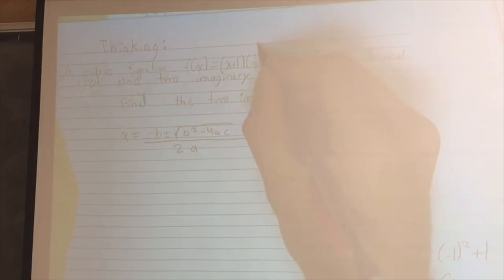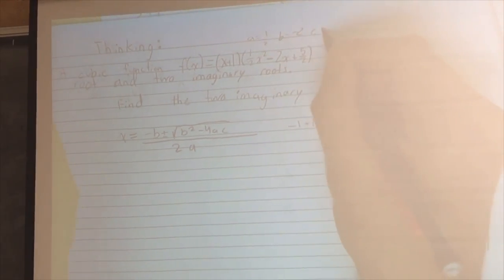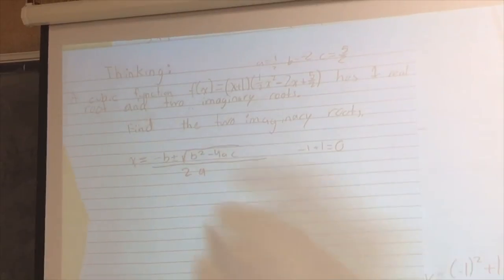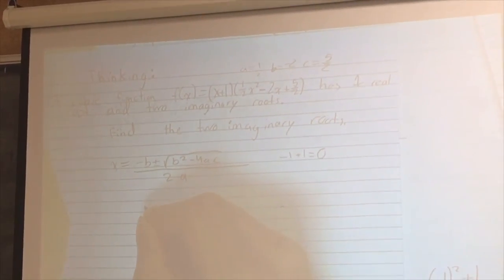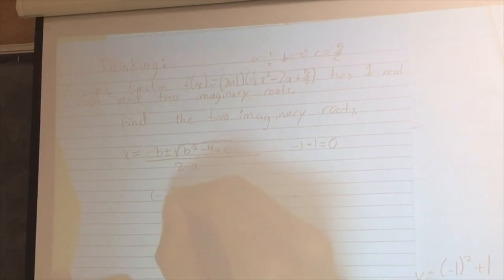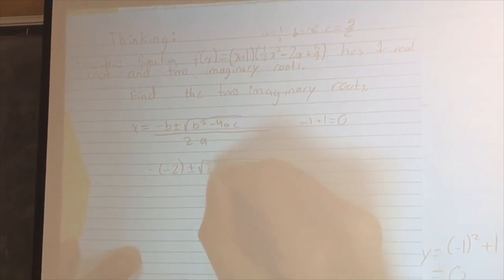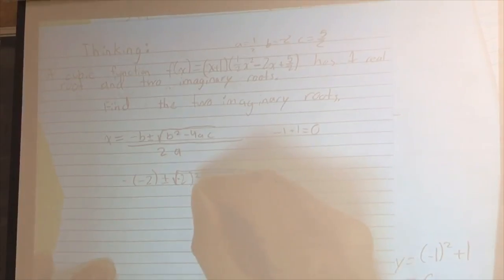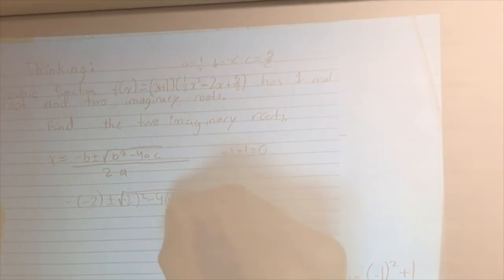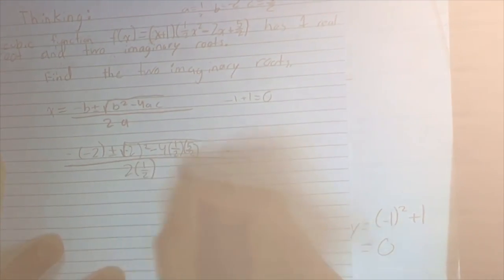So our a is 1/2. Our b is negative 2, and our c value is 5 over 2. So we plug those in, which is negative of negative 2, plus or minus the square root of negative 2 squared, minus 4 times 1/2 times 5 over 2, divided by 2 times 1/2. 2 times 1/2 is 1, so we can just ignore the whole bottom of this.